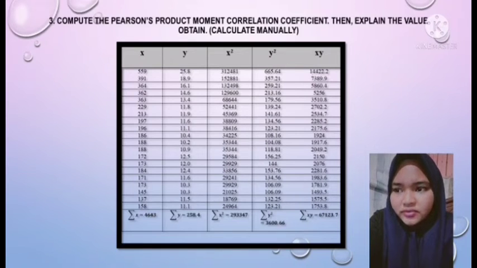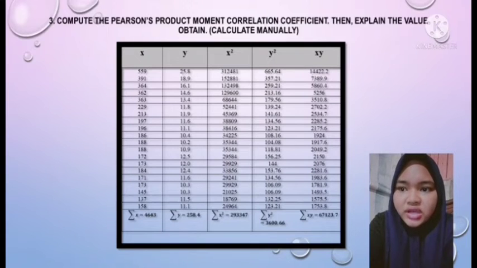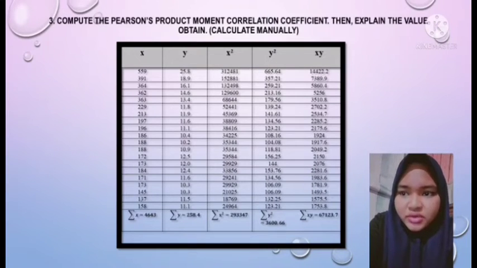Total x is 4,643, y is 248.4, x squared is 293,347, y squared is 3,600.66, and the sum of xy is 67,123.7.